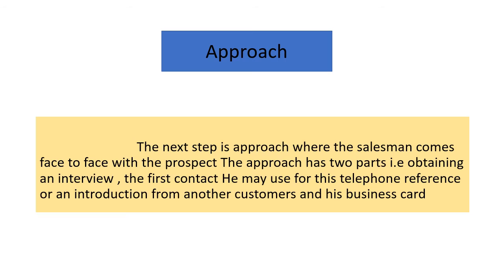He may use for this a telephone reference or an introduction from another customer and his business card. The salesman must be able to attract the prospect's attention and get him interested in the product. It is very important to avoid being dismissed before he is able to present his product.